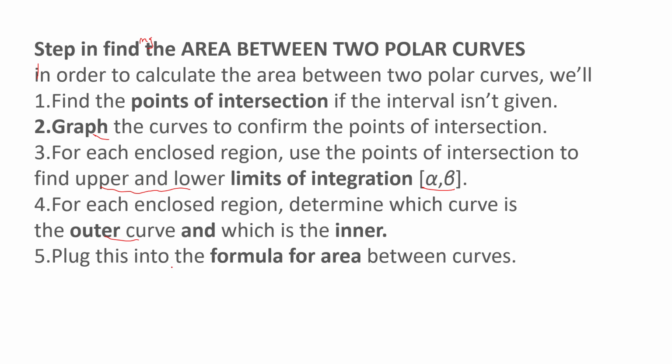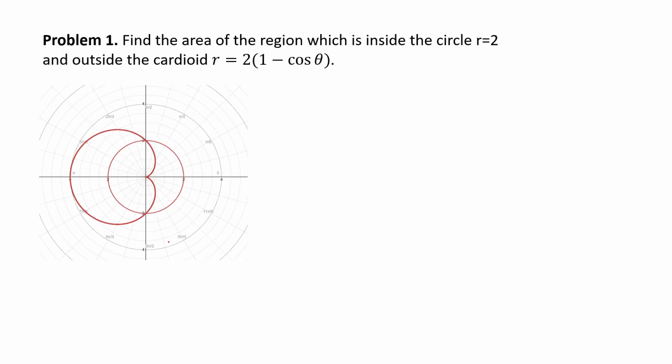Okay, so let us have first problem number 1. Find the area of the region which is inside the circle r is equal to 2 and outside the cardioid r is equal to 1 minus cosine theta.